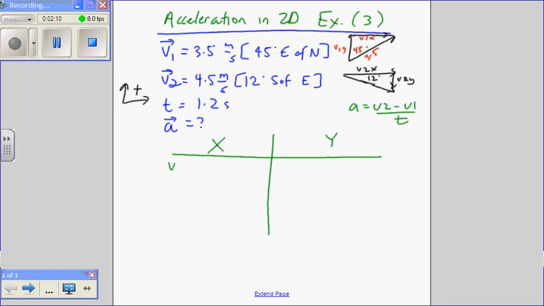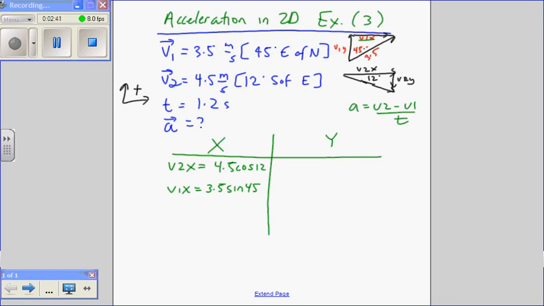So v2x, if I just write that down to start, it's going to be 4.5 cos 12. v1x, 3.5 sine of 45. For 45 degrees, it doesn't matter whether we did sine or cos, but in this particular case it is directly across from the angle. Here, across from the 45 degrees, so we'll call it sine.